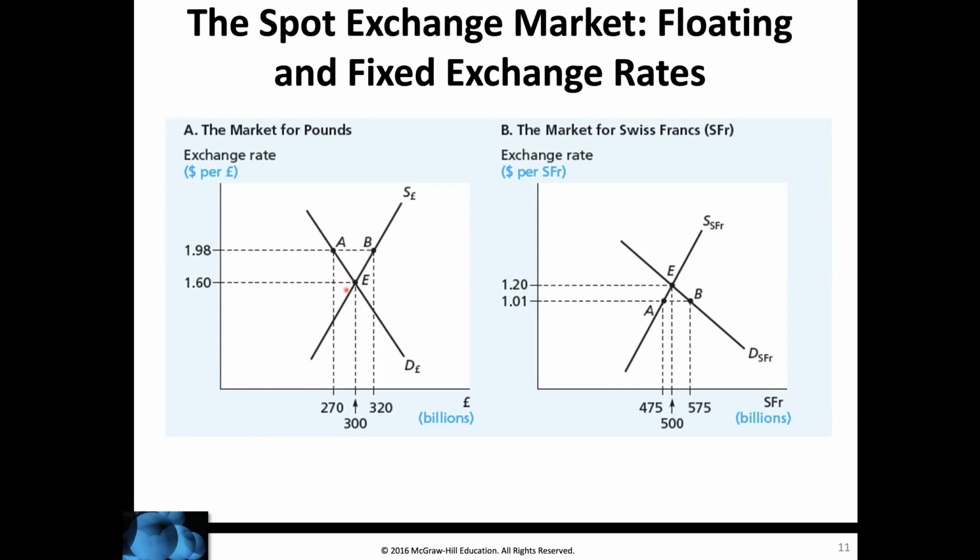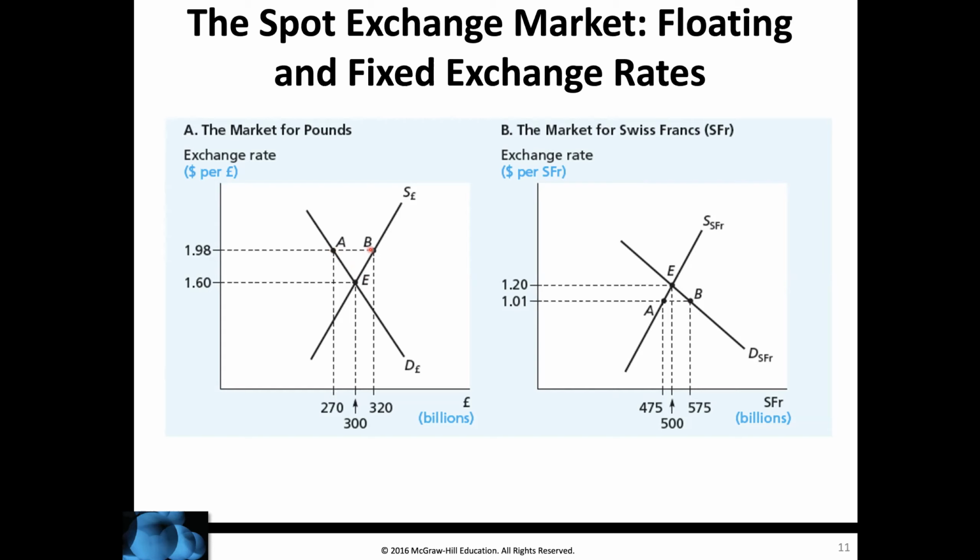So when the price is at $1.98 per pound, the demand is only at $2.70. And so in order to make up the difference, the British government must buy 50 billion pounds, equal to that gap between A and B.